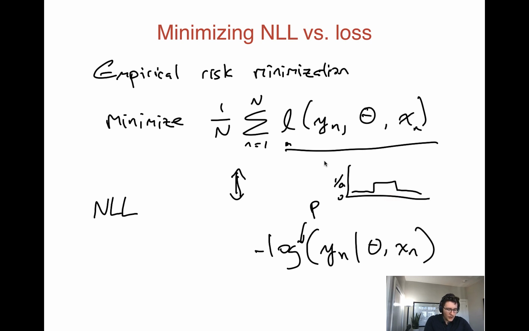Once I take the log, the 0 becomes negative infinity. That is to say, I'm giving myself a loss of infinity anytime my observed value falls outside my distribution. And in most situations, we don't want to be having infinite loss values.